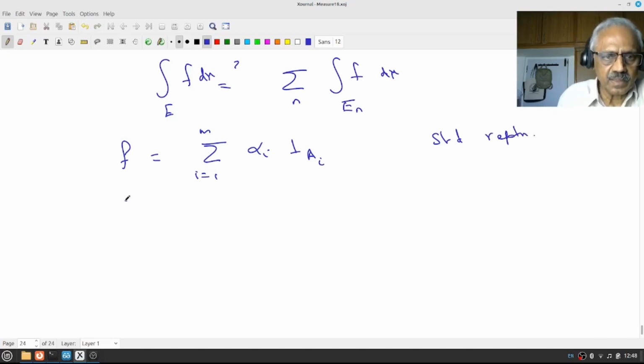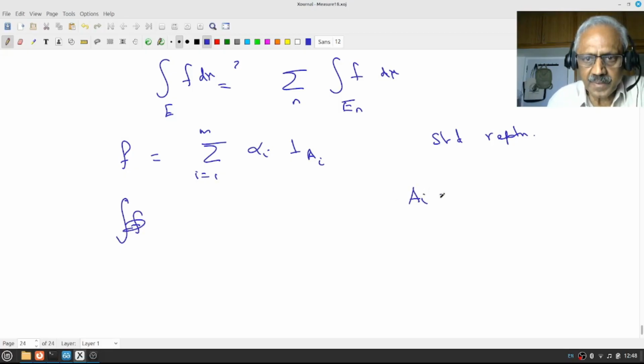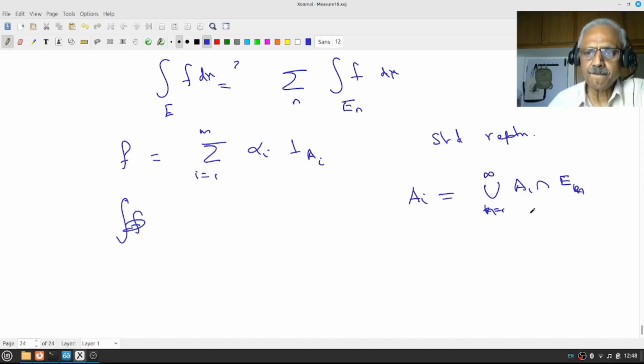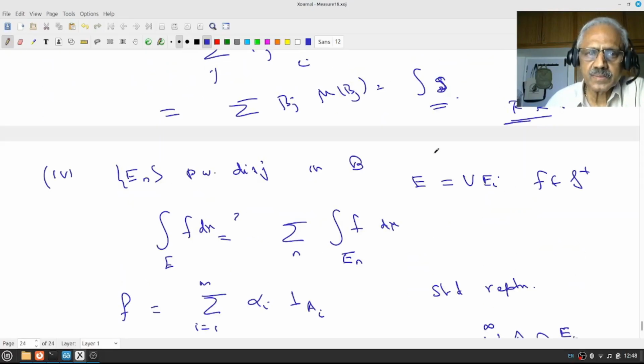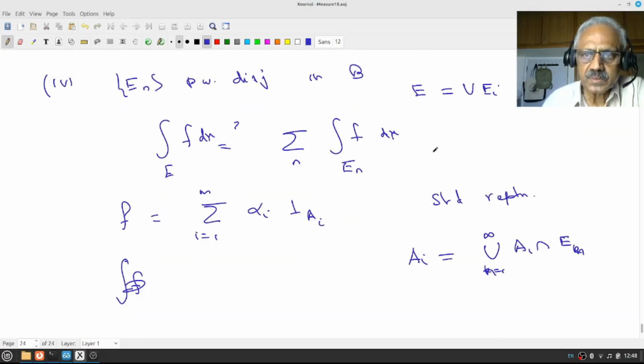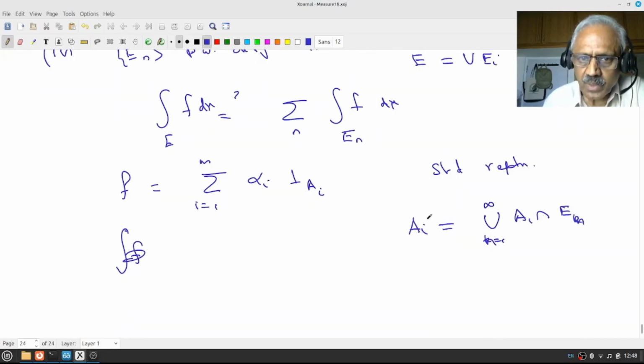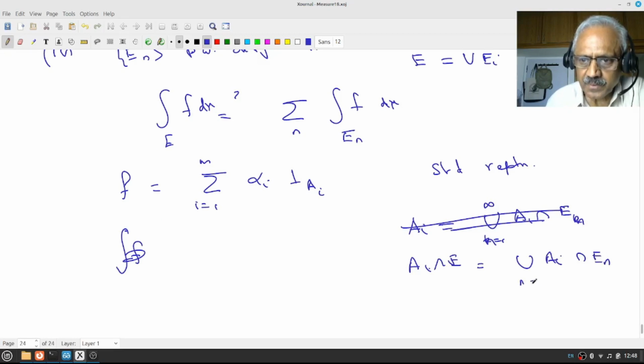Therefore, for the integral of f, notice that A_i intersection E is the union of A_i intersection E_n, n equal to 1 to infinity.